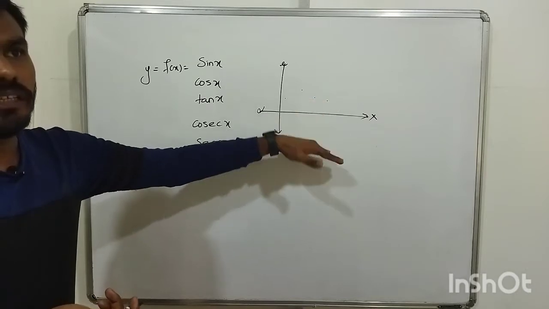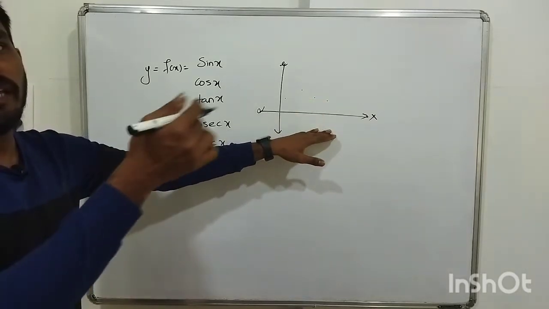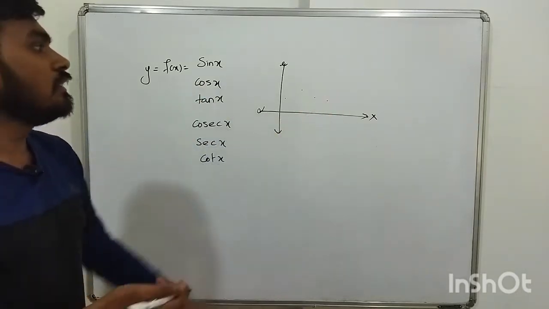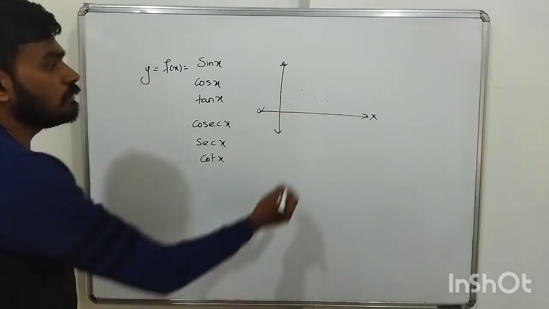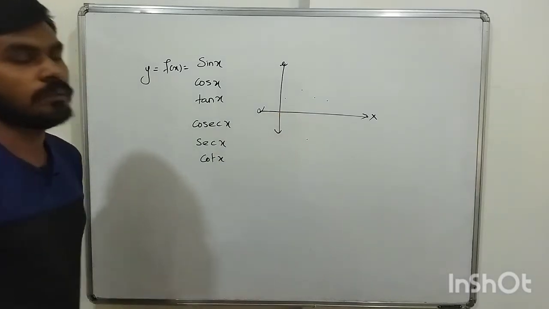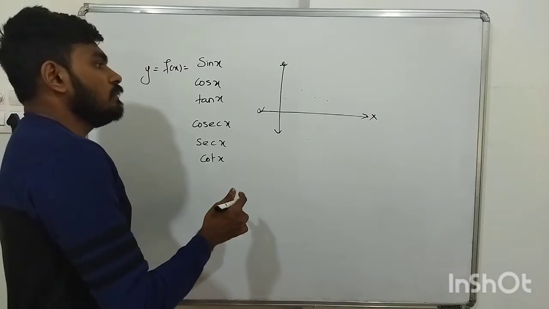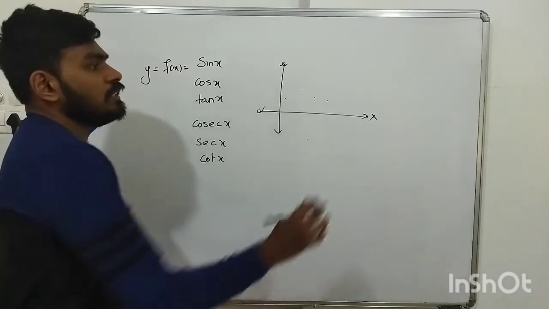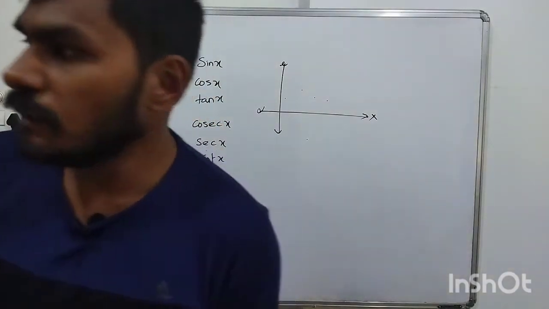Here it will be negative of root 3 by 2, so it will come somewhere here, minus root 3 by 2. So we'll combine all the points and we'll see how this graph comes.